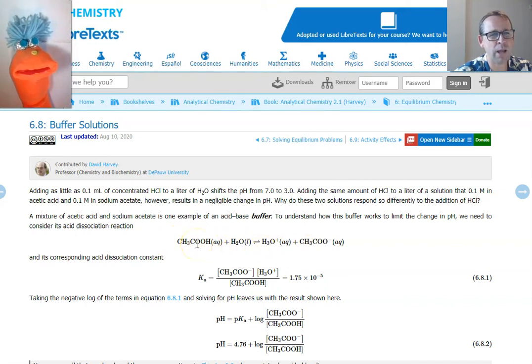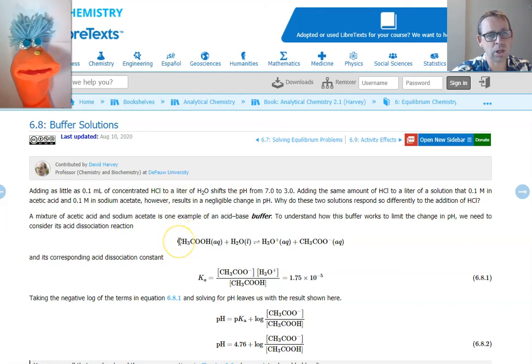And so you have these two driving forces that are set up, ready to absorb any addition of hydrogen ion, in the case of adding a little bit of hydrochloric acid, but it can also absorb any hydroxide ion that you add.